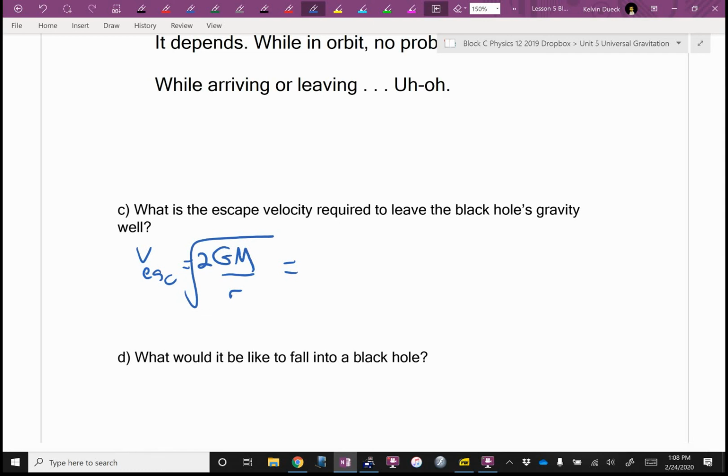Caleb, what'd you get? In scientific notation, please. You're way off. There's no way it's 301 meters per second. That would be far less than leaving the Earth at 9.8. I guess I'm going to have to type this.